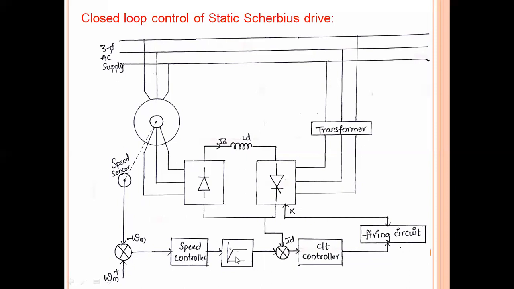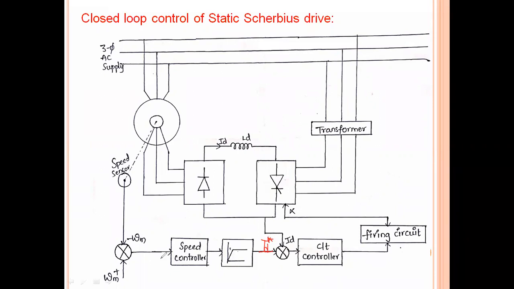That means steady state is reached, because within the limit of operation the current is produced, which is the difference between the actual DC current ID and the reference DC current. Here the generated current is known as the reference current, which is ID star.